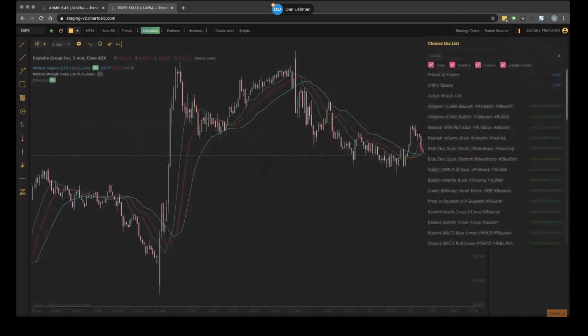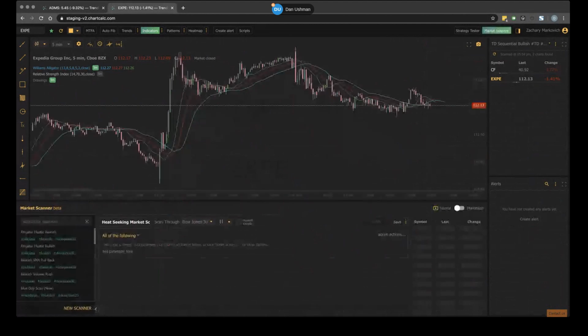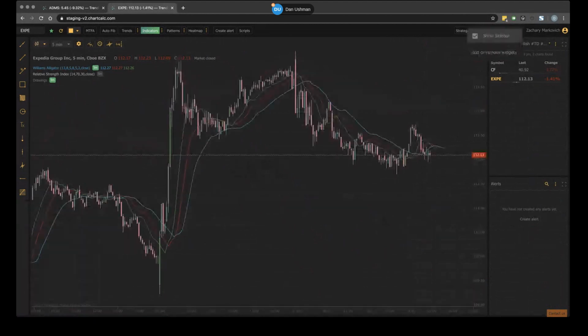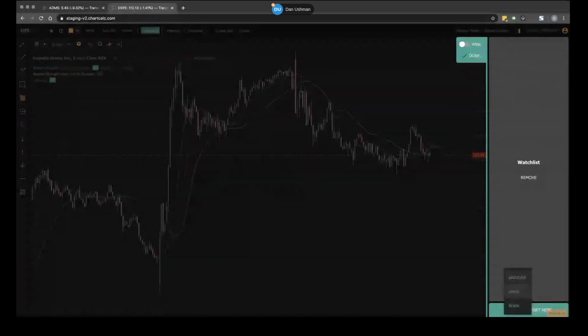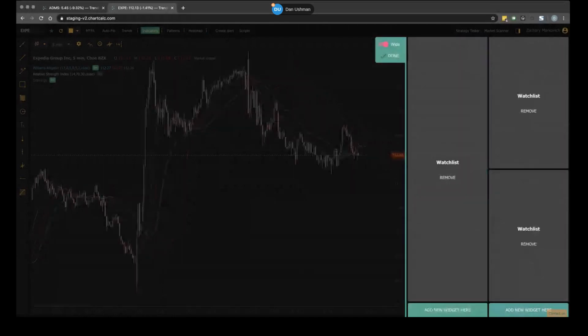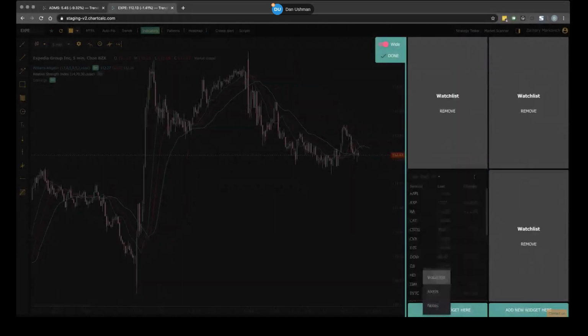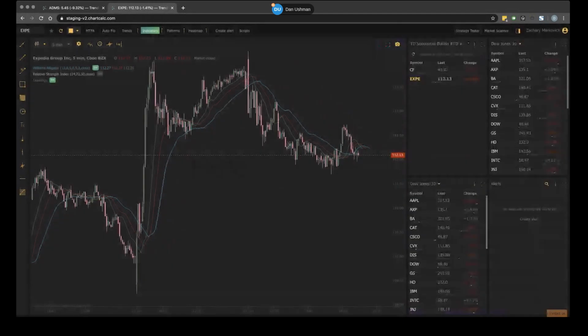And what's truly beautiful here is I can have more than one scanner open at a time. And that's where the new enhanced watch lists come into play. So you'll notice in TrendSpider, you can now have a customizable sidebar. And that sidebar can have multiple watch lists or alert dialogues or whatever you want in it, right? So here's one where I have 3 separate watch lists and my alerts, right?